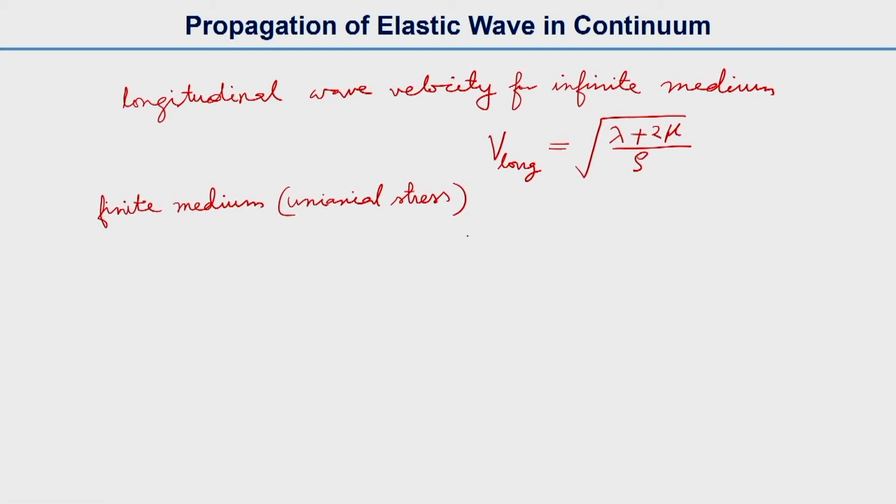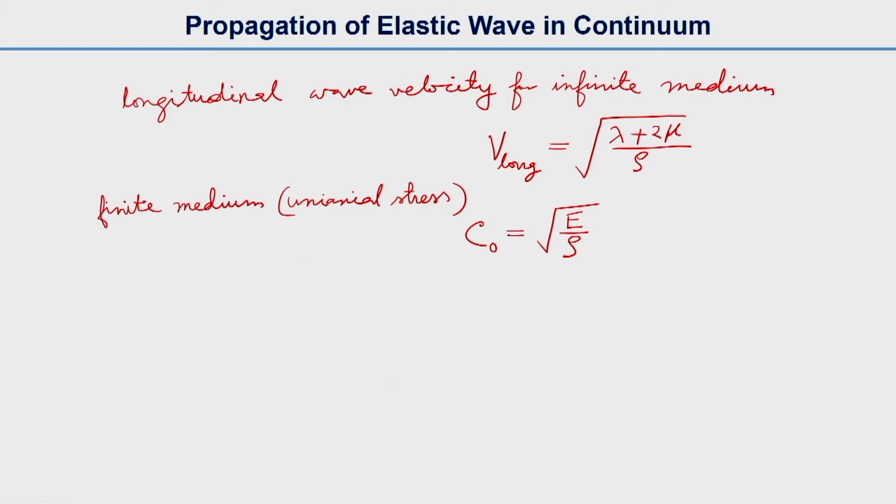So, the velocity which you write is the C naught, which is the longitudinal wave velocity, is expressed as E by rho.